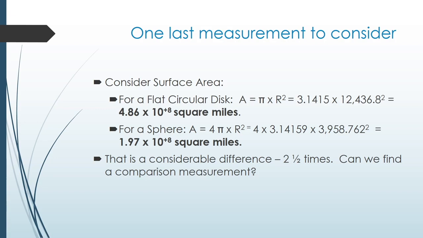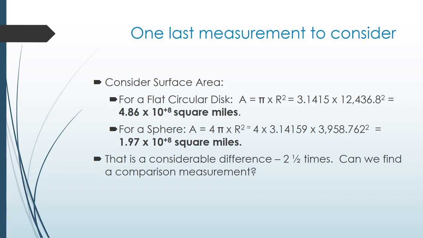So when you look at those two numbers, that's a considerable difference. 2.5 times difference. So now what I needed to do is find some way that I can compare those two numbers with some sort of reality.